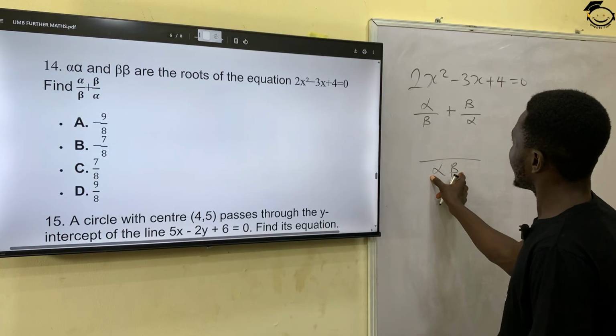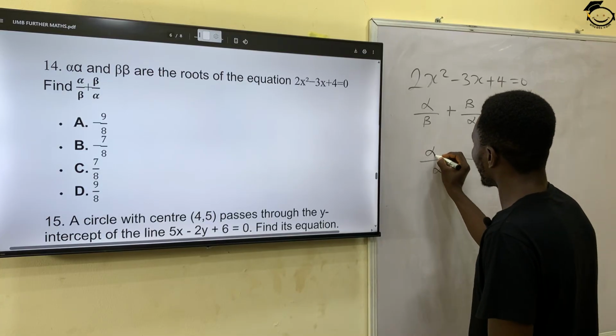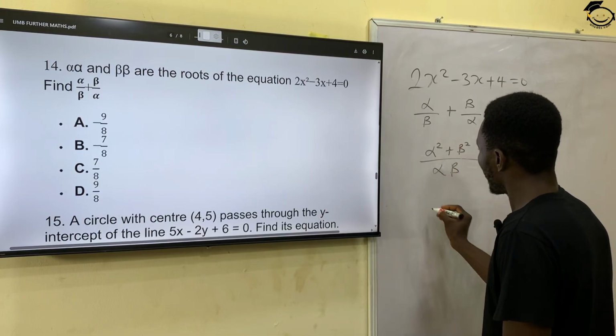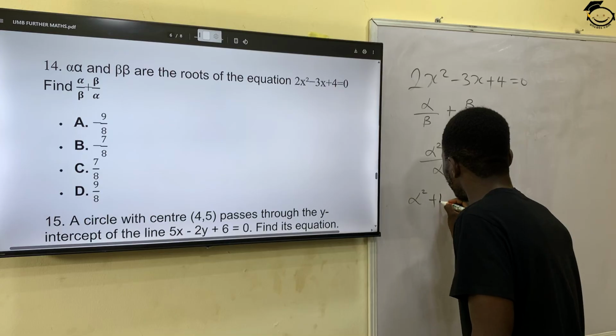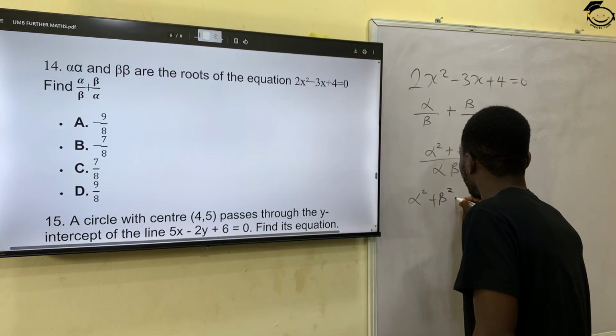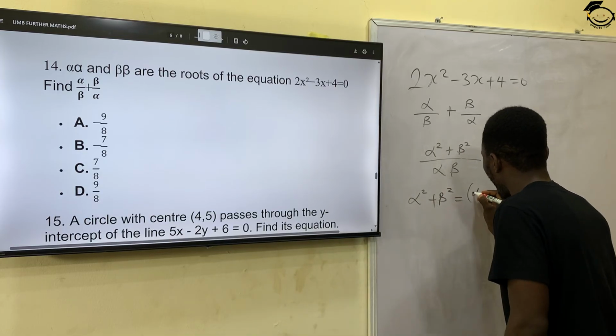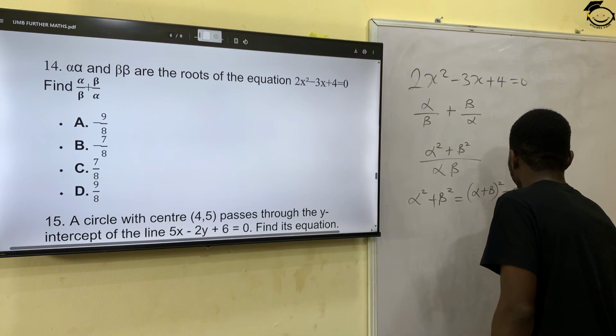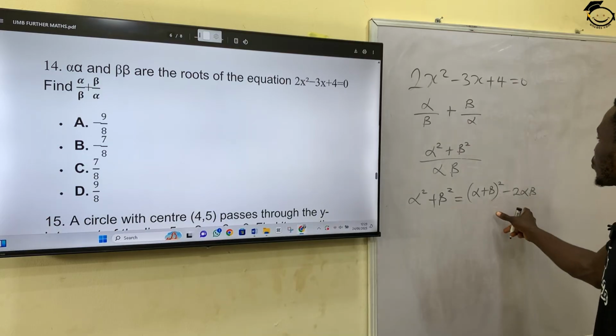If I divide by beta, I get alpha times alpha, which is alpha squared, plus beta squared. So alpha squared plus beta squared is the same thing as alpha plus beta all squared minus 2 alpha beta.